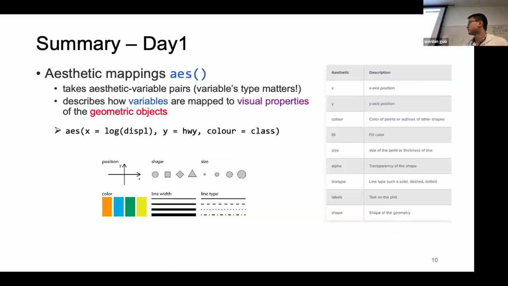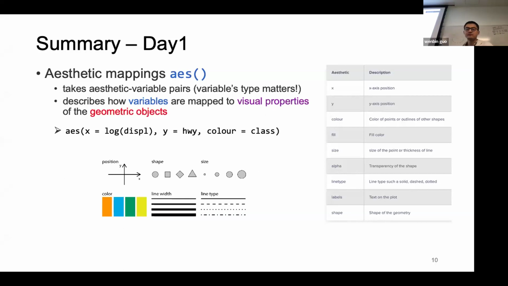Yesterday we also went over the aesthetic mappings, specifically using the aes function. Basically, this function takes aesthetic and variable pairs. And in our practice example yesterday, we noticed the data variable types are kind of important. Specifically, in one of our examples, we mapped a continuous variable to the shape or to the color, and then we met an error when we used ggplot.